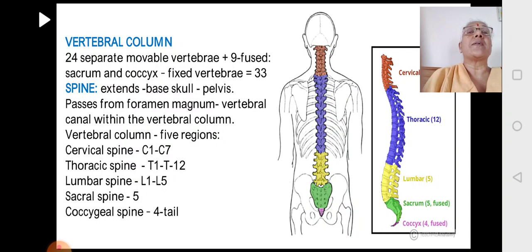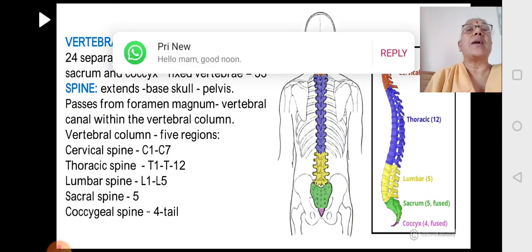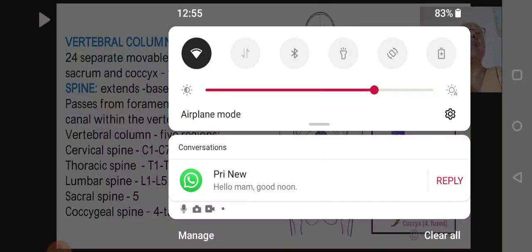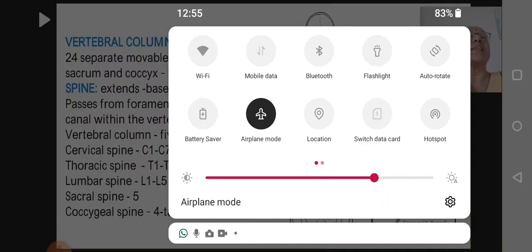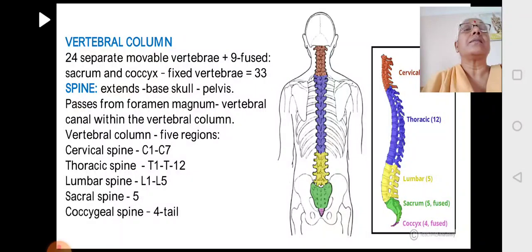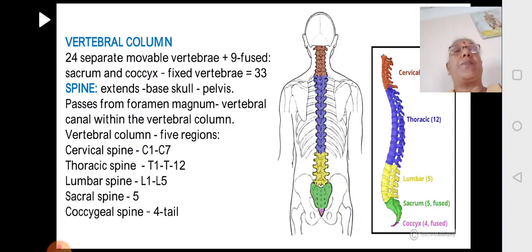If you look at the vertebral column, it is made up of 5 regions. The first part in the neck region is called the cervical region or the cervical spine, where there are 7 vertebrae called cervical vertebrae. So there are 7 cervical vertebrae present in the vertebral column.